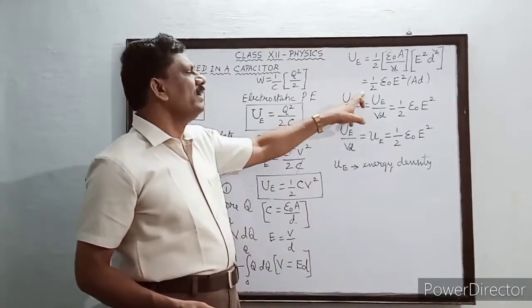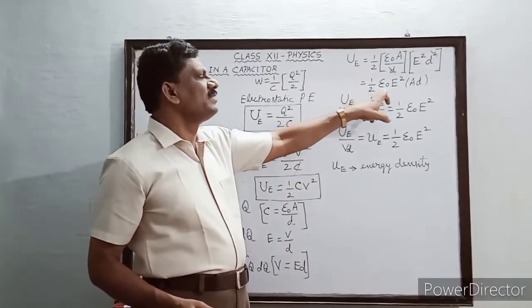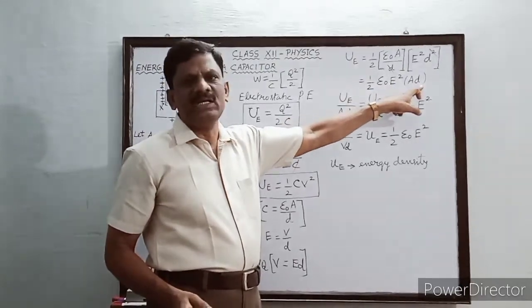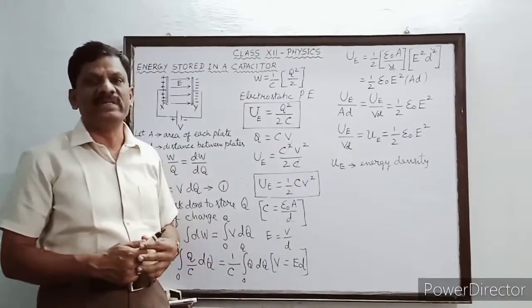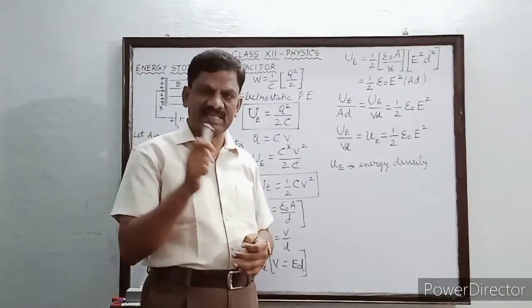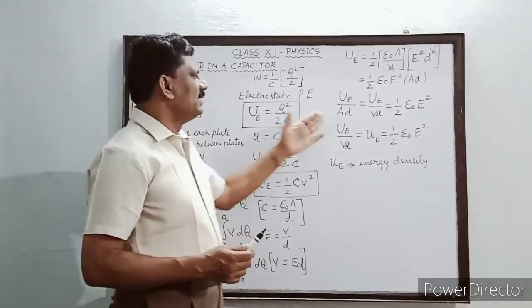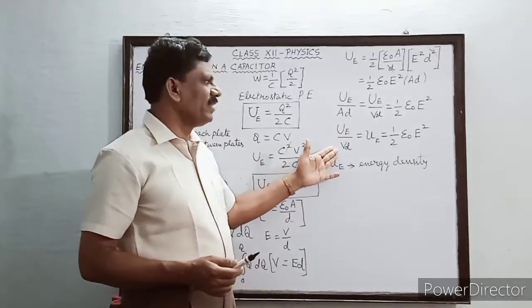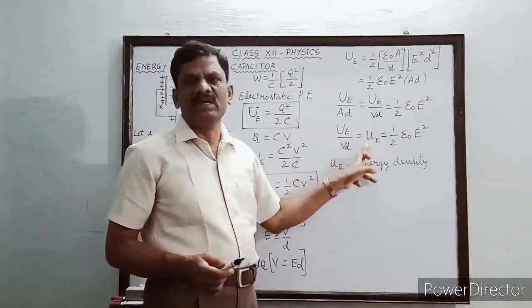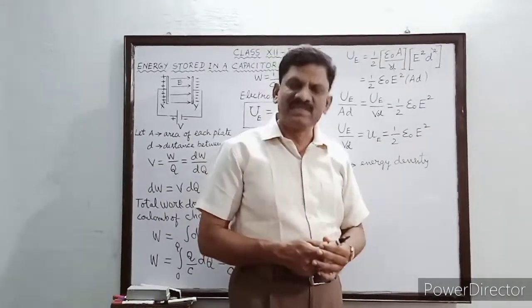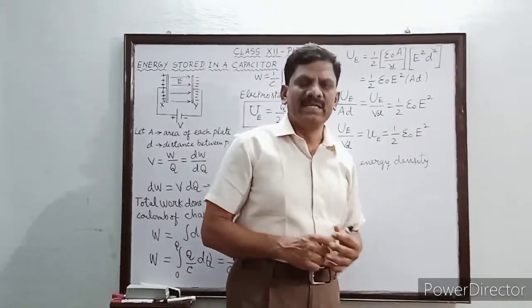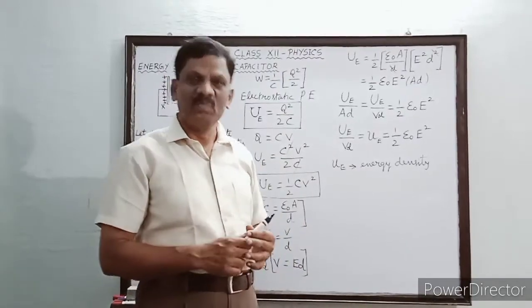So UE is equal to half into epsilon naught E square into A into D, where A into D is equal to the volume of the space between the two plates where the electric field is existing. And hence this potential energy divided by the volume must be denoted by the symbol small ue, and that is equal to half epsilon naught into E square. And this is called energy density. Hope you have understood.